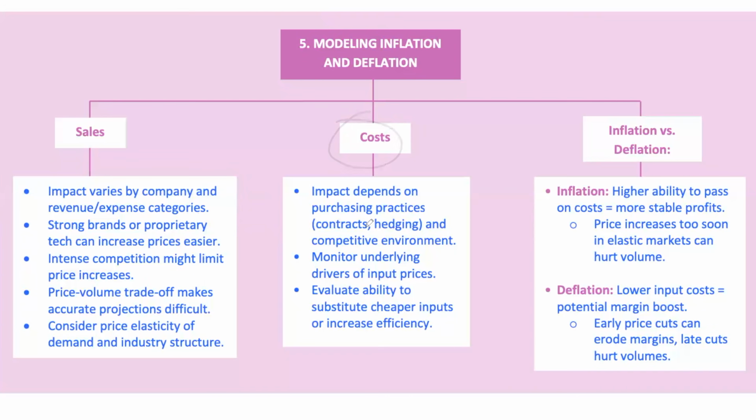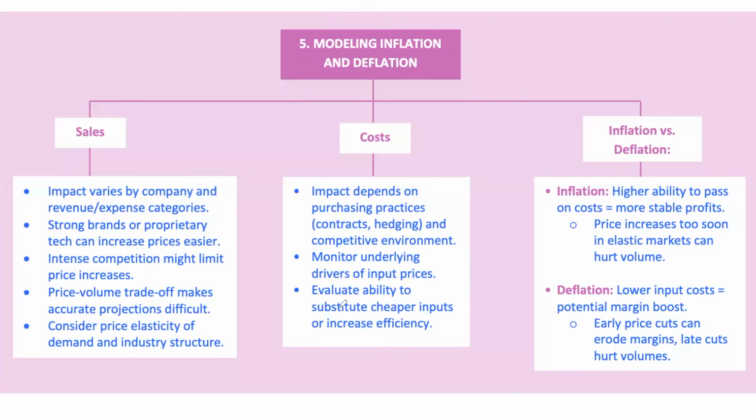When it comes to cost projections under inflation or deflation, the effects hinge on a few key factors. How companies buy their inputs, like long-term contracts or hedging to avoid price swings, the competitive environment, like the availability of alternative inputs, and how well they manage costs.